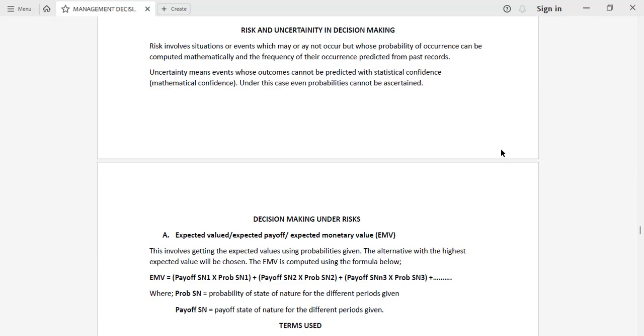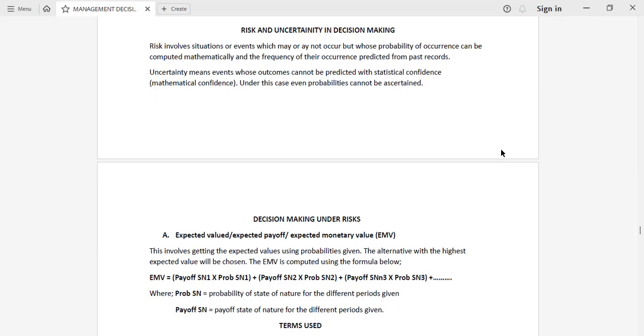But the decisions we are going to make are based on risks and uncertainties. And sometimes the examiner asks for the steps in decision making. Most of the times when they ask that part, you find that it's going to be asked under this risk and uncertainty.